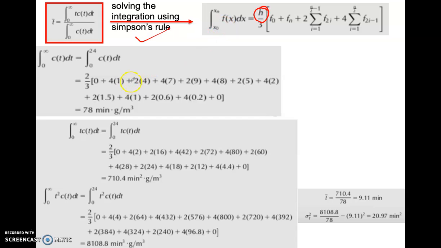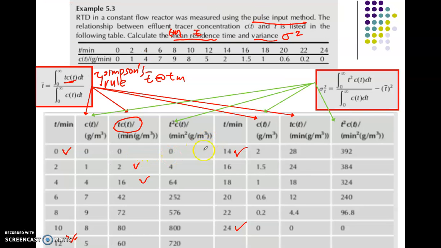So you follow this formula. This formula follows Simpson's rule, where h is 2, and this is the value of your CT at a particular time, the one in the bracket. The 4, 2, 4, 2 pattern is from Simpson's rule. Whereas to find the integration of TCT dt, you refer back to this value.